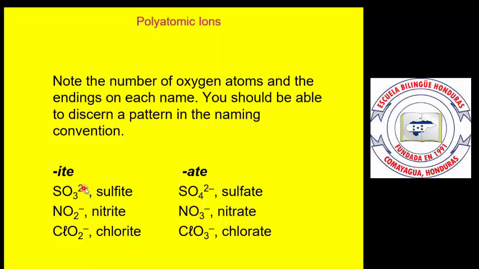In this case -2 charge. The difference is oxygen. Remember the atoms of oxygen. Over here with 3 atoms of oxygen we call that sulfite, with the last part ITE, and over here you have 4 atoms of oxygen. The last part of the name is ATE, and you have other examples over here.